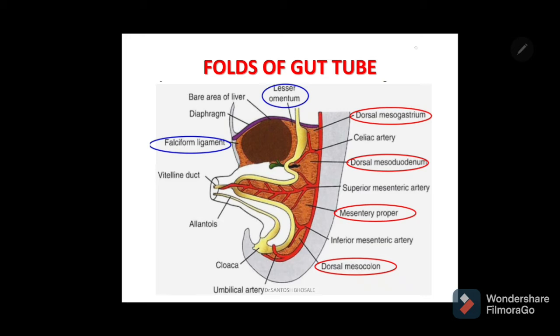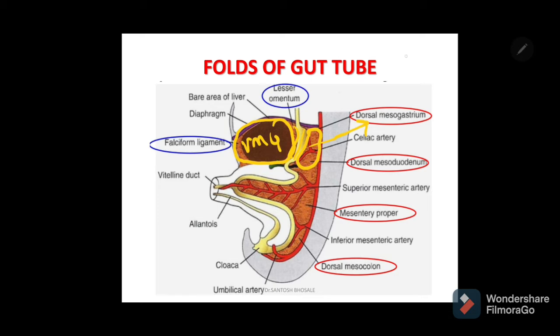Next, you can see here the folds. As we go into the caudal part of the foregut, these folds become very important. As we already discussed in the division of the gut tube, the ventral part of the foregut has the ventral mesentery, and the dorsal part has the dorsal mesentery. With the development of the stomach, they are now called ventral mesogastrium and dorsal mesogastrium.